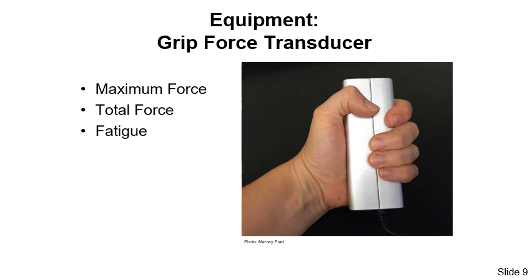And so this can help us understand muscle function and how that responds to different environmental variables, like temperature or activation of the sympathetic nervous system through fear or exercise, or something calming. So we can measure grip force using the grip force transducer.